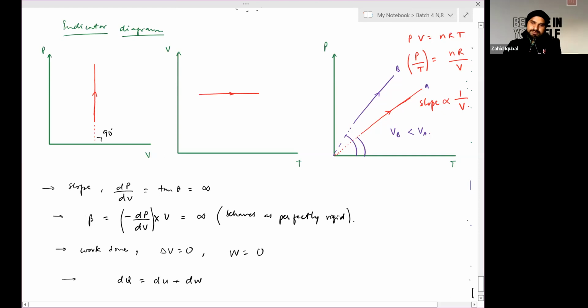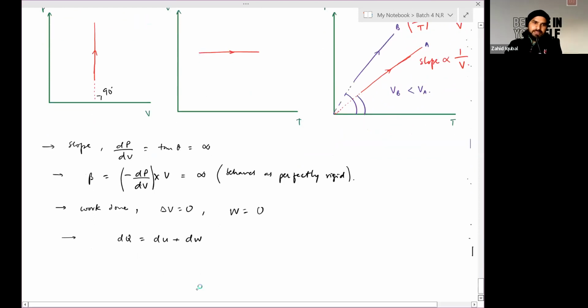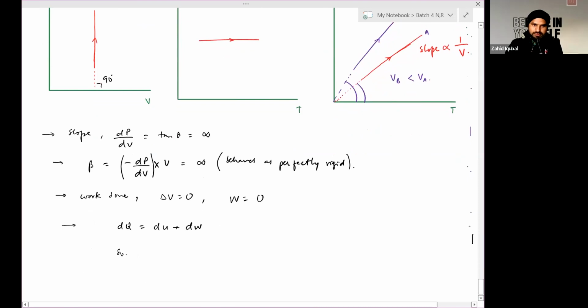Since dw is 0, du equals dq, and dq in this part will be n times c dt, and c in this process is Cv, the molar specific heat at constant volume, which is nR by gamma minus 1, times dt.